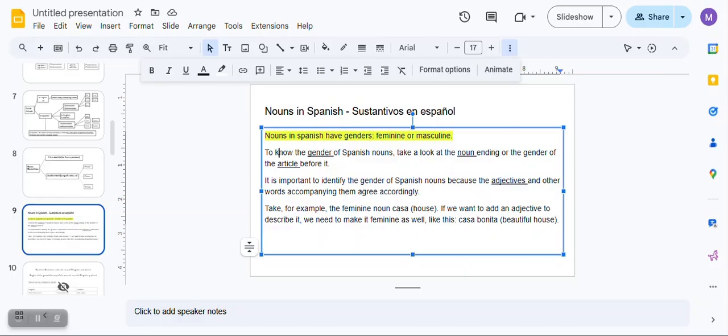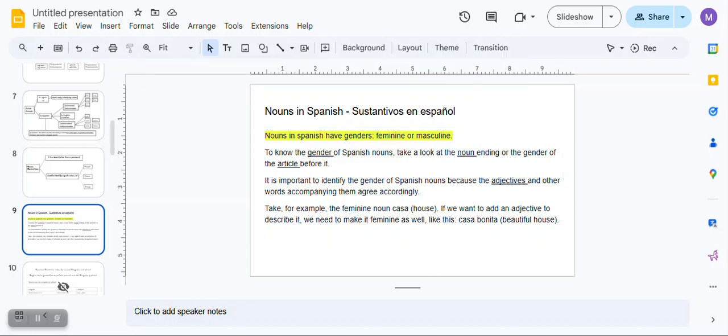To know the gender of a noun in Spanish, take a look at the noun ending or the gender of the article before it. It is important to identify the gender of Spanish nouns because the adjectives and the other words accompanying them agree accordingly. Take, for example, the feminine noun casa. If we want to add an adjective to describe it, we need to make it feminine as well, like this, casa bonita, beautiful house.